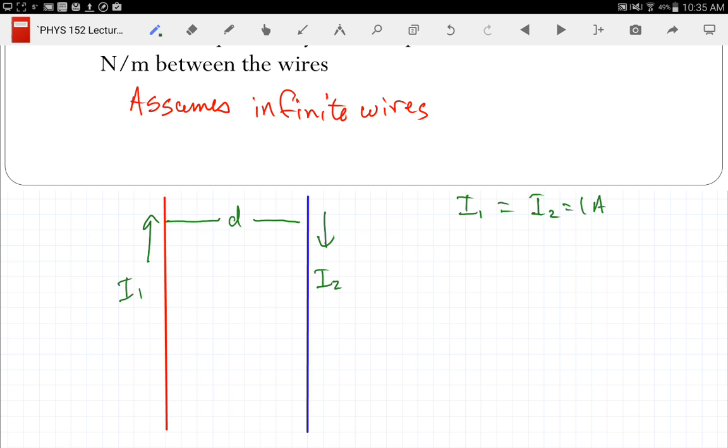How do I find the force between the wires? A wire with a current going through it creates what? A magnetic field. And then that magnetic field, having a current going through the magnetic field, creates a force.